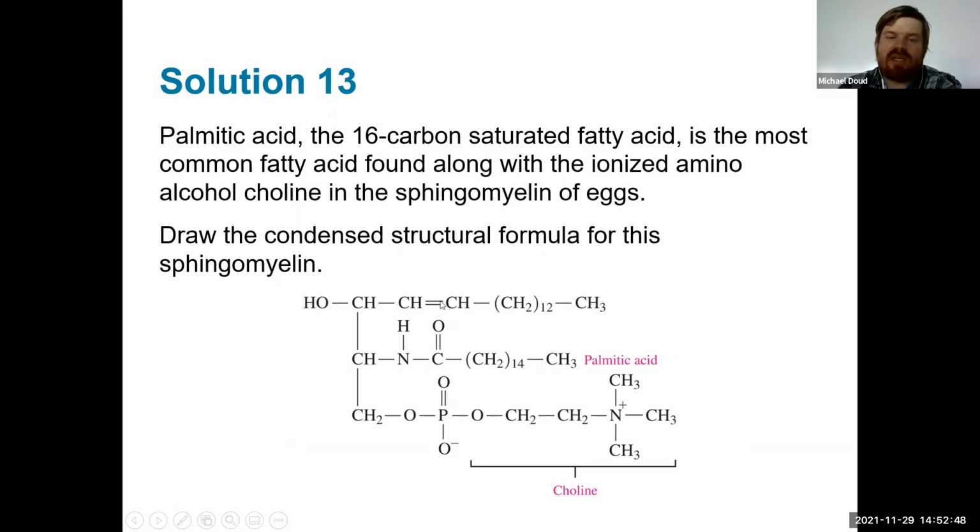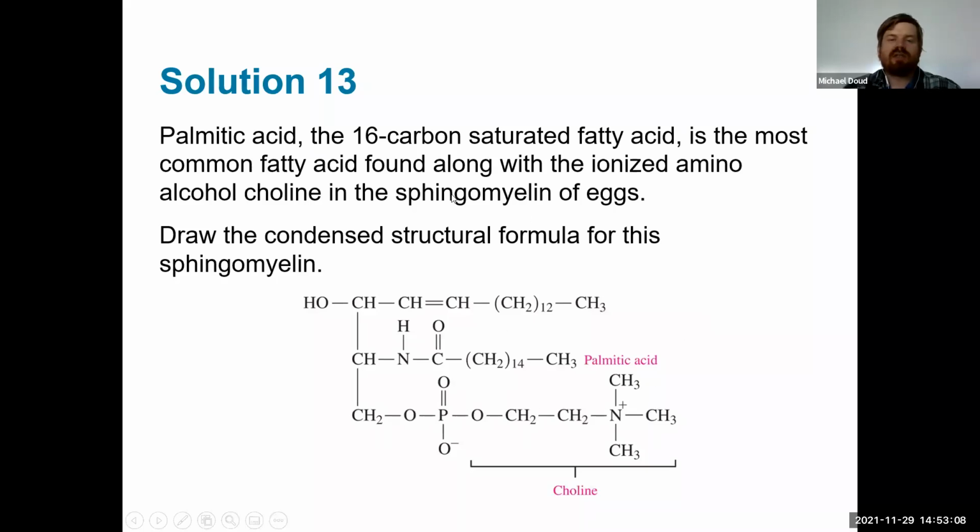So this backbone stays the same, where you have this weird looking sphingosine here. Then there's an amide linkage from this nitrogen to the fatty acid that you're given, and then the same phosphoester bond that we saw in the glycerophospholipids to the amino alcohol.